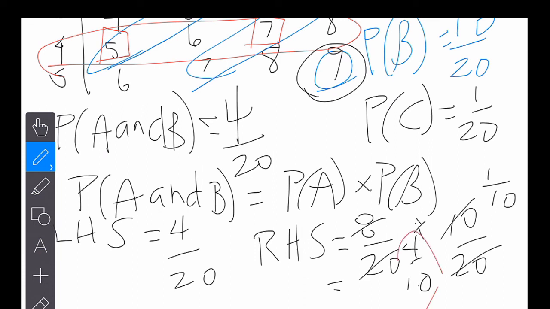Again, you can do this with decimals if you prefer. I just want to show you that this reduces to 4 out of 20.